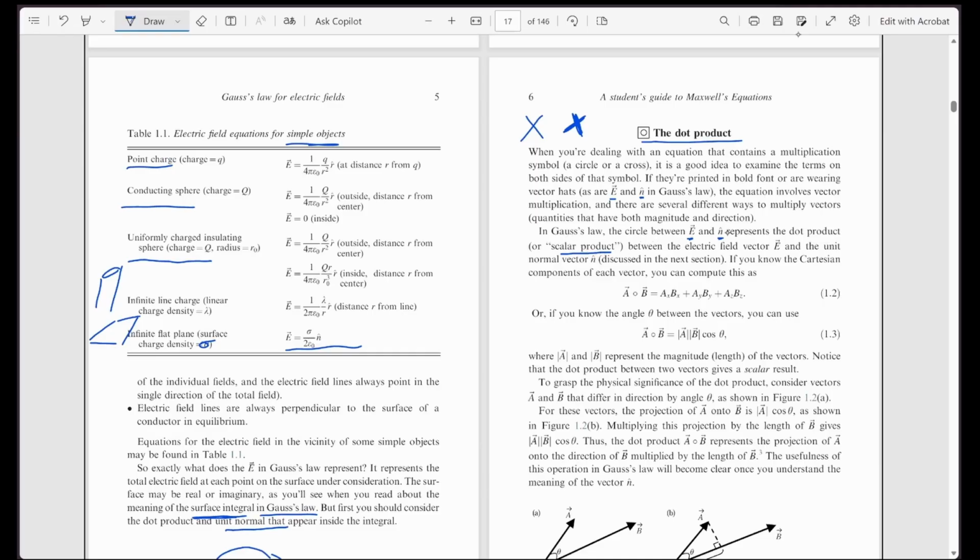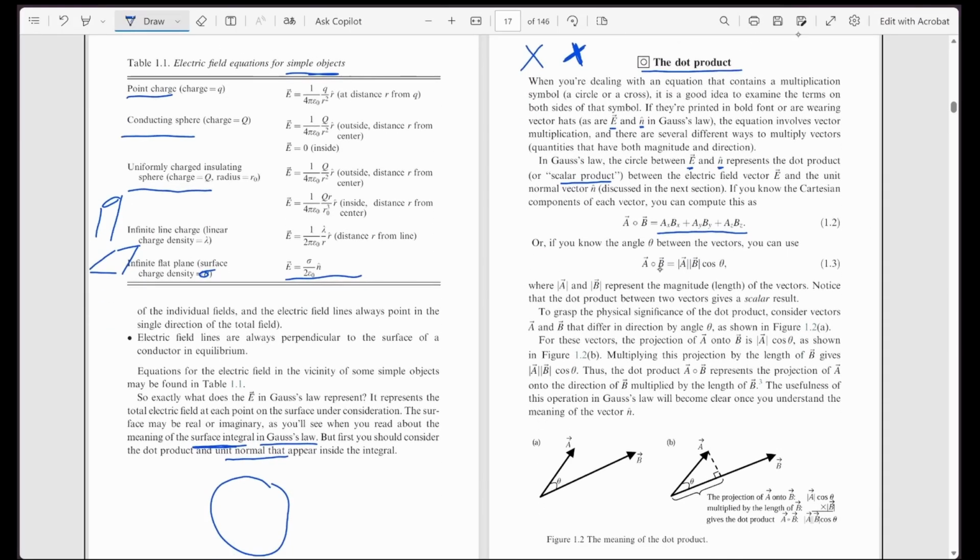If you know the Cartesian components of each vector, you can compute it this way. If the electric field has an x component, a y component, and a z component, and the other vector has its own components, the dot product is the x component times x component, plus y times y, plus z times z. It results in one single scalar number.